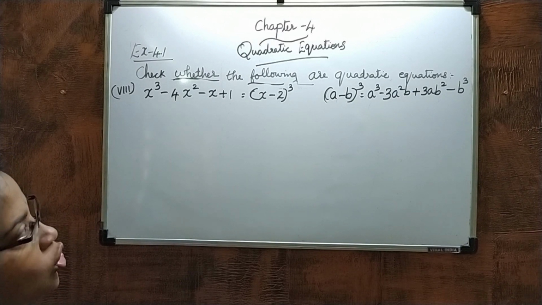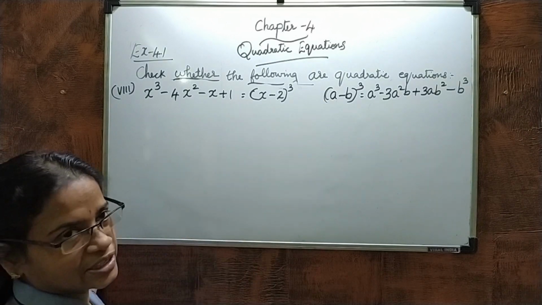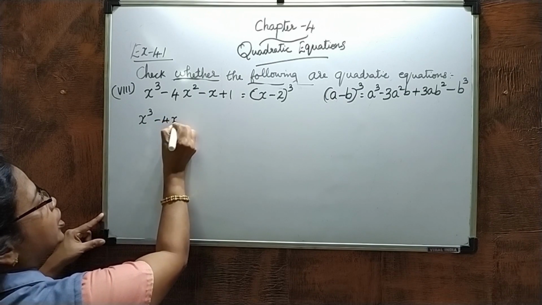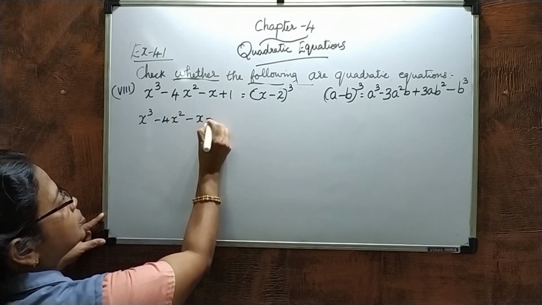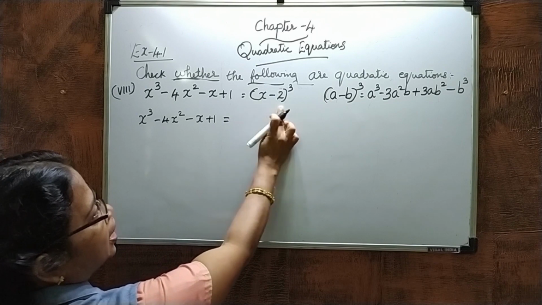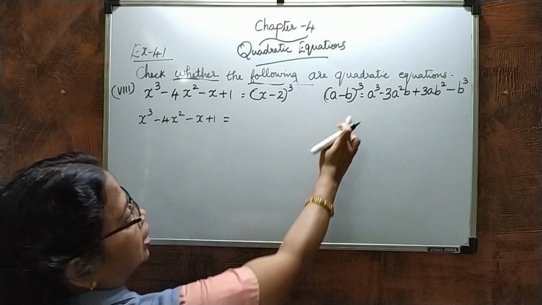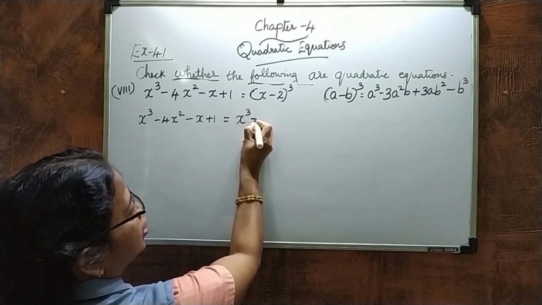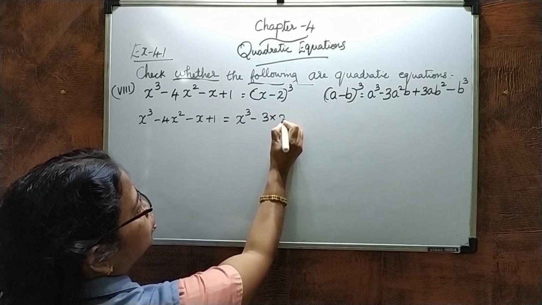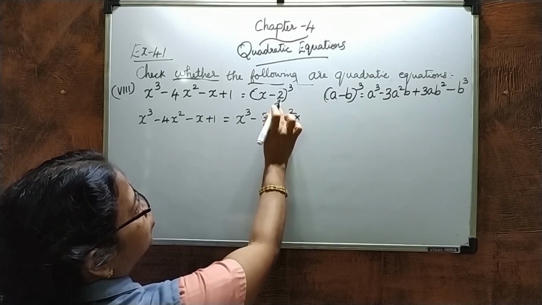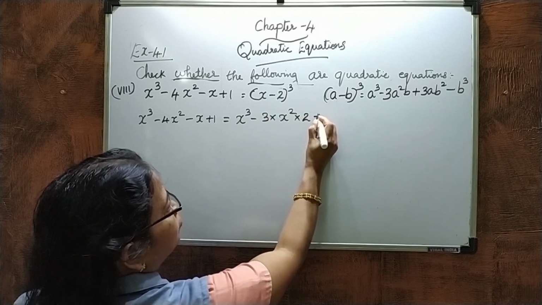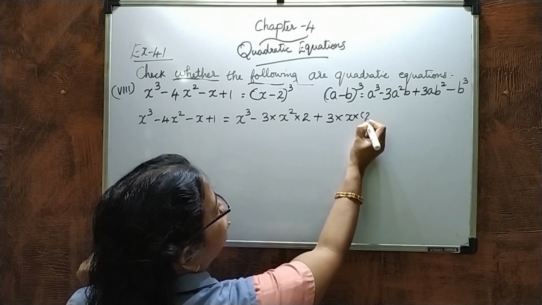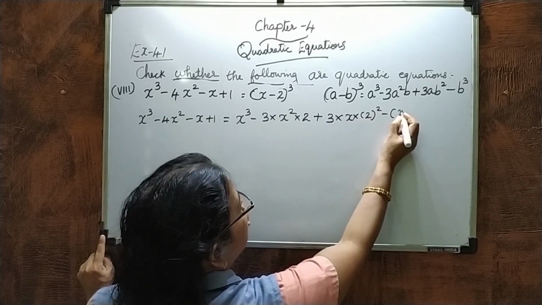So a minus b the whole cube. We have to expand this right hand side. X cube minus 4x square minus x plus 1 equals x minus 2 the whole cube. Instead of a, it is x. So x cube minus 3 into x square into b is 2, plus 3 into x into 2 square, minus 2 cube.